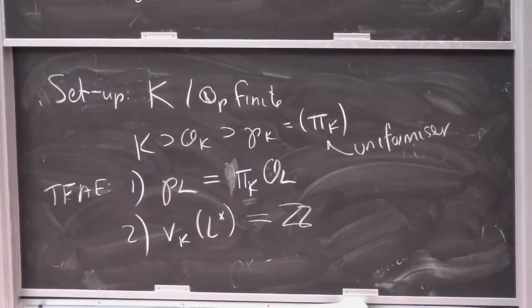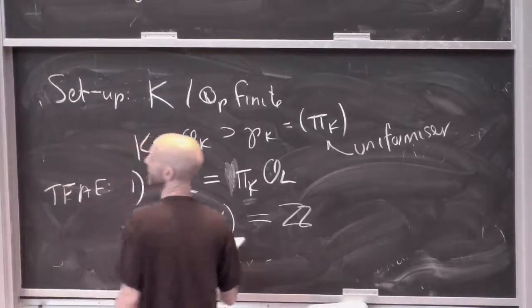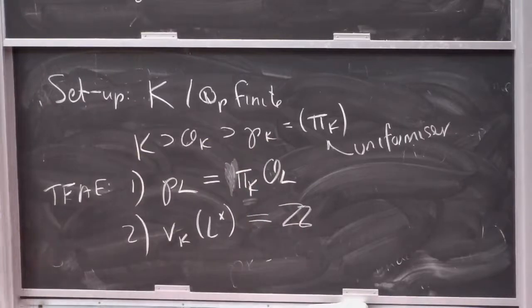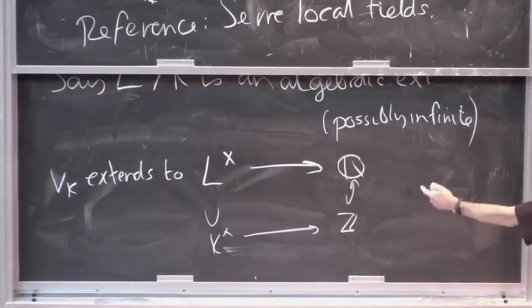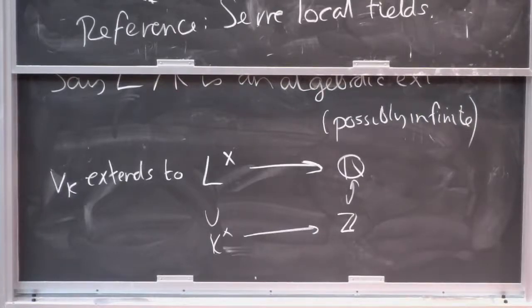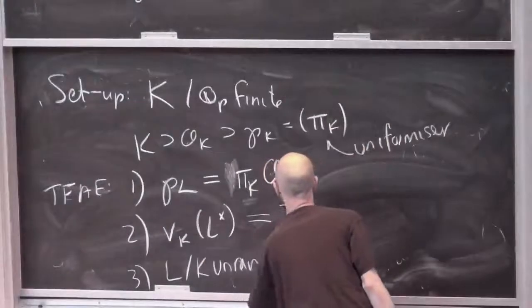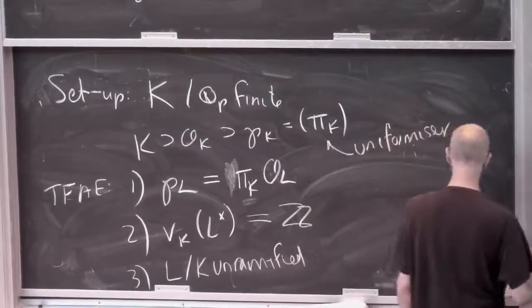The valuation I used on K, let me call it v_K. So v_K of L star, you see, I'm talking about this v_K here. v_K of K star went to Z. v_K of L star might get something a little bit bigger than Z, since L is bigger than K, right? But let's say it just goes to Z. Third, L over K is unramified. There you go, so there's some exercise.